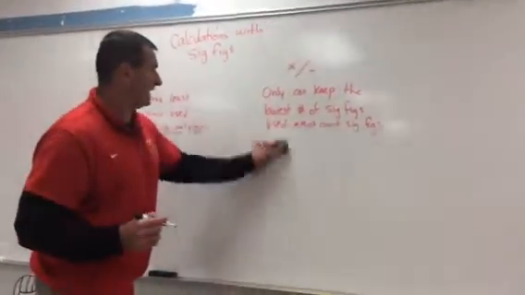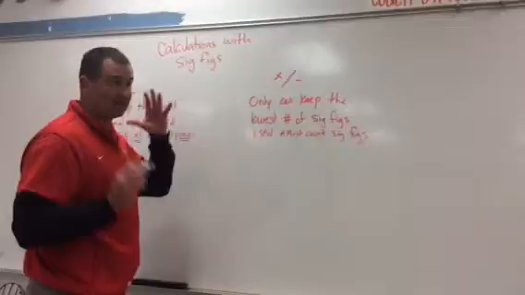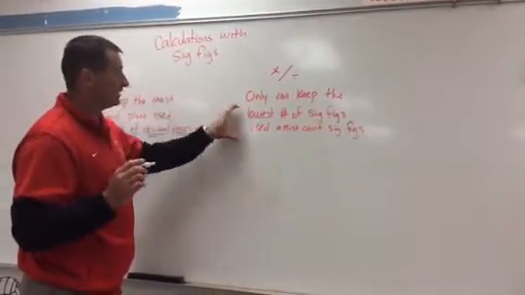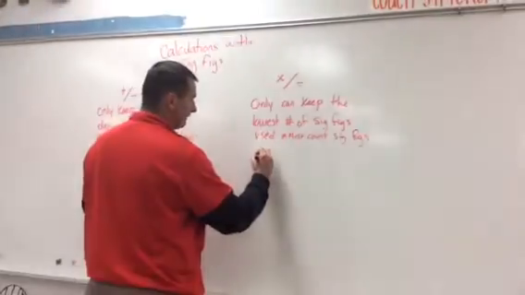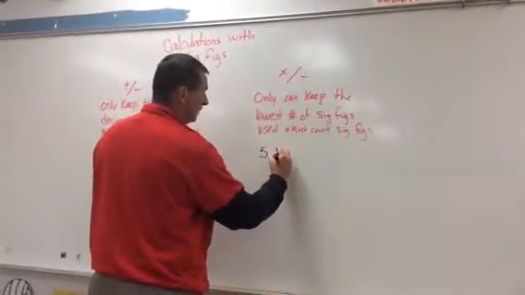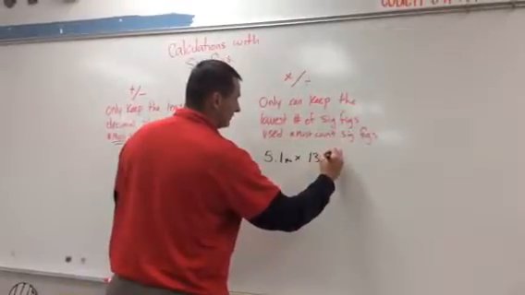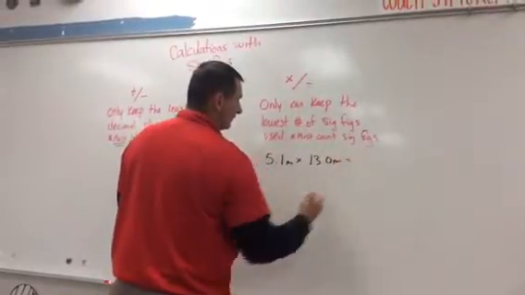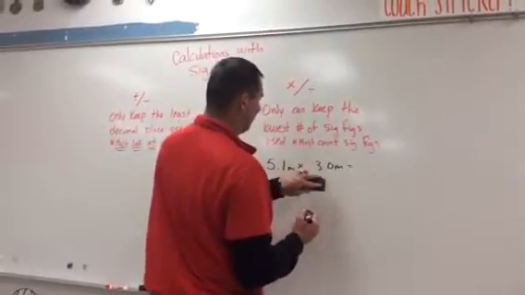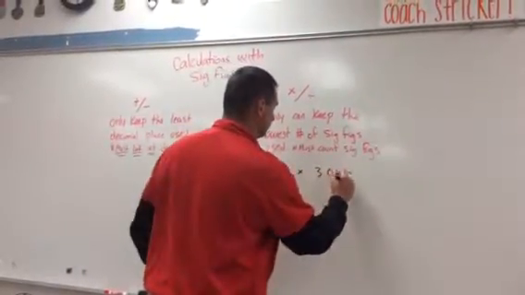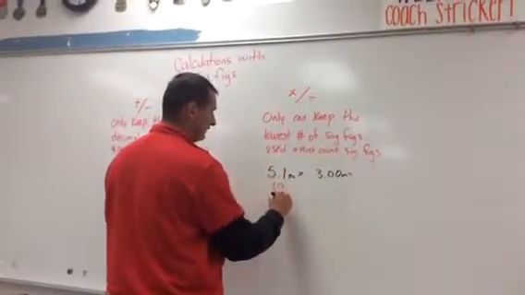Now, with multiplication and division, it's not about the decimal place. You have to change your brain waves and think, okay, now it's about the least significant figures. So if I have 5.1 meters times 13.00 meters, this has 2 significant figures.